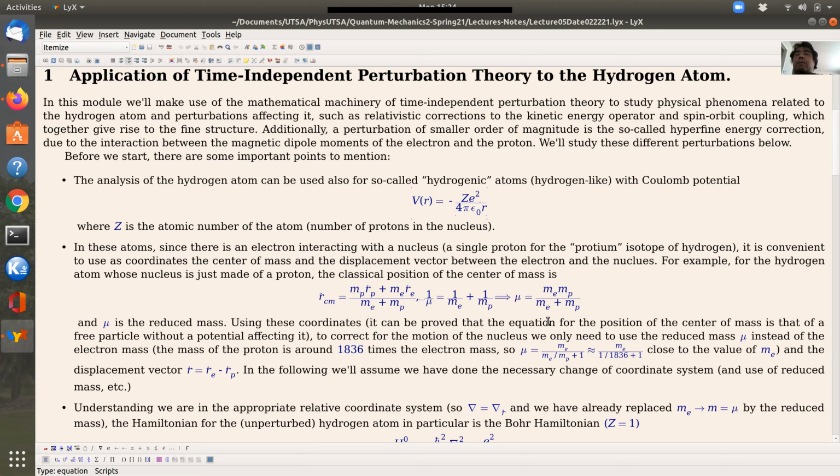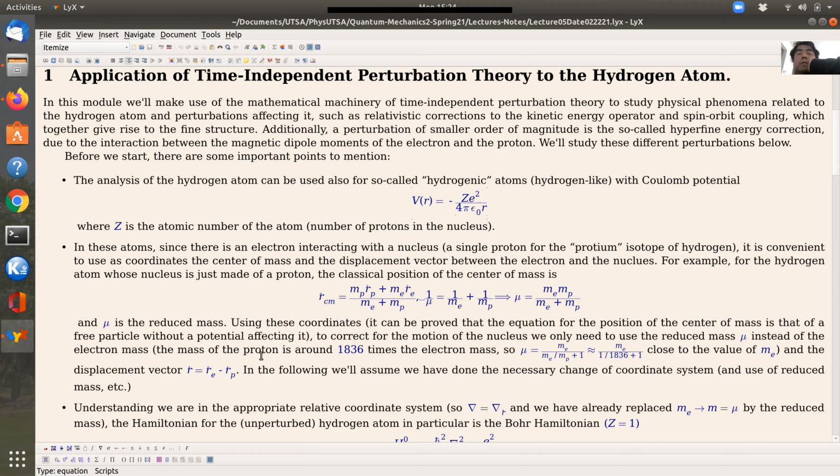Then if you look at the relative motion, that is the displacement vector between the electron and the nucleus, that's where you have the same problem as for the unperturbed hydrogen atom, with the only difference that you have to use the reduced mass and this displacement vector between electron and nucleus.